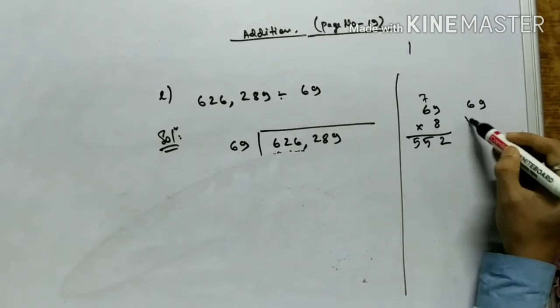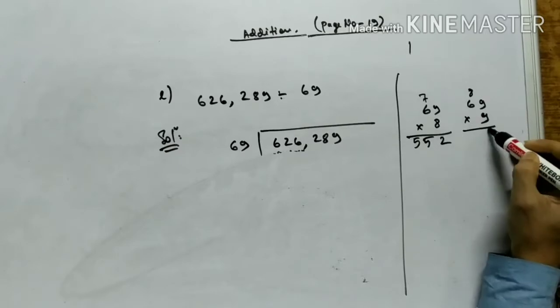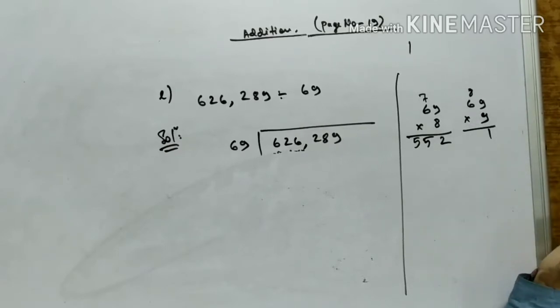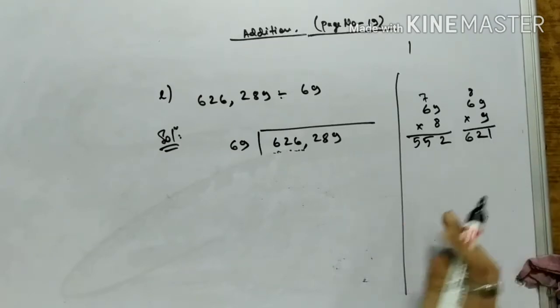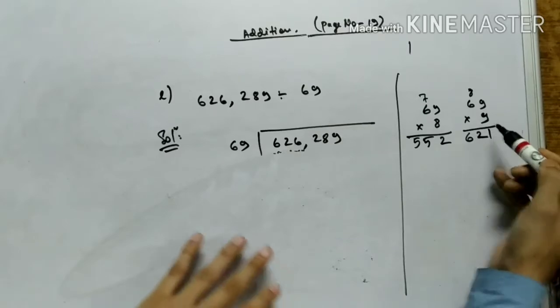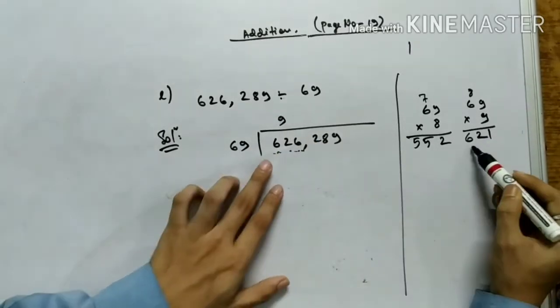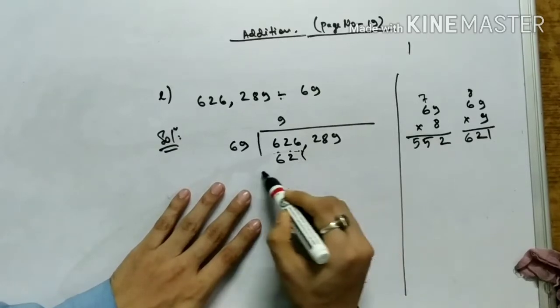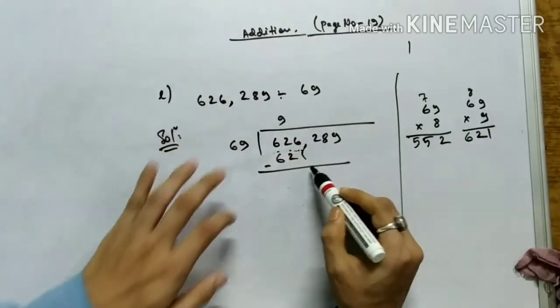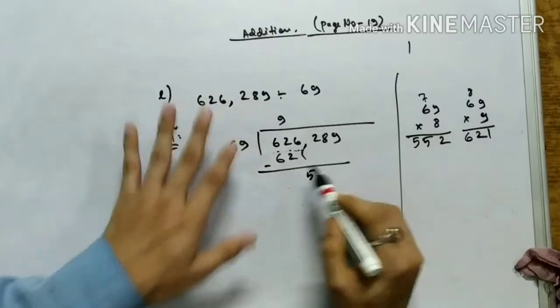Let's check if I do it with 9. 9 9s are 81, 9 6s are 54, 54 plus 8 is 62. Yes, I will use 9 here. 69 9s are 621, it is less than 626. So 626 minus 621, it is 5, and the rest of it will become 0 only.